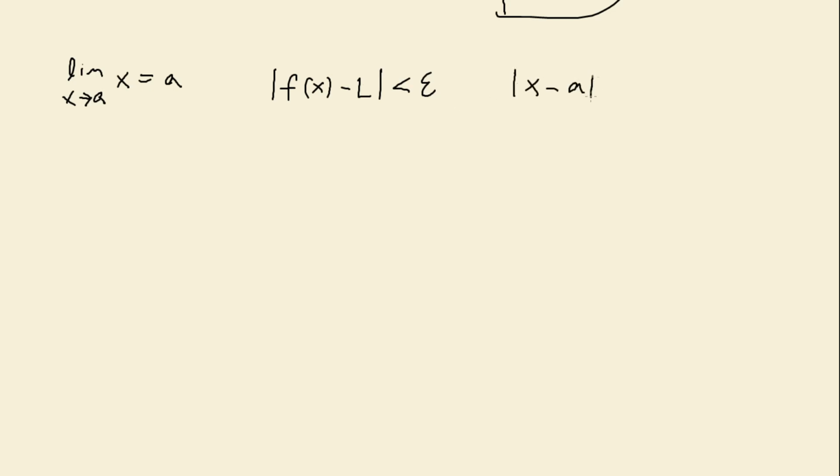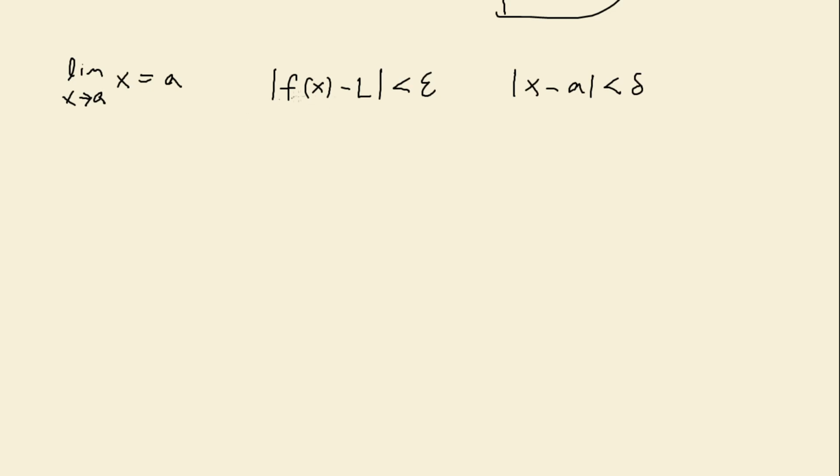The second property is also pretty simple. We say that the limit as x approaches a of x is equal to a. And if we work this out, I'm going to show that the absolute value of f of x minus L is less than epsilon. There will always be some delta associated such that the absolute value of x minus a will be less than delta.